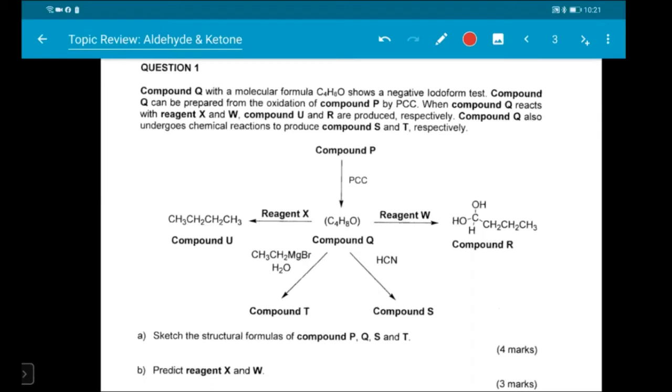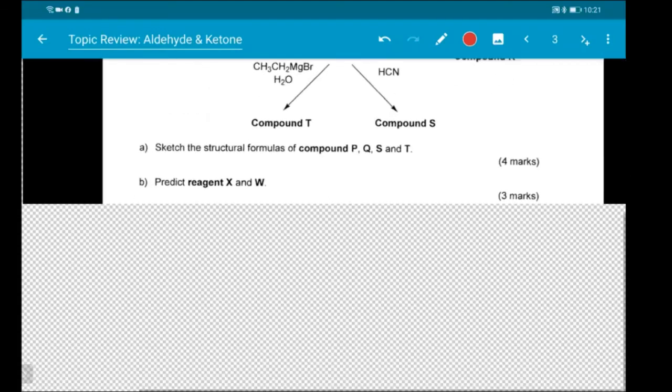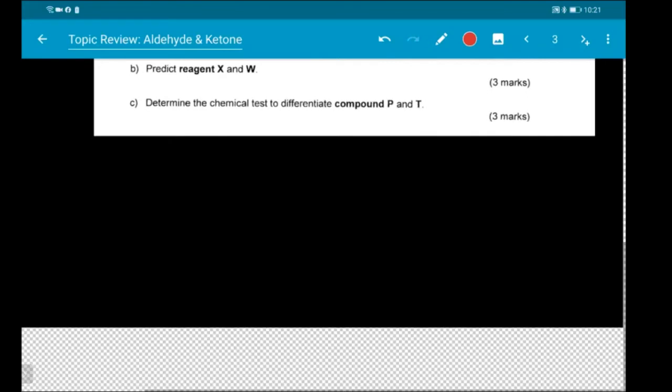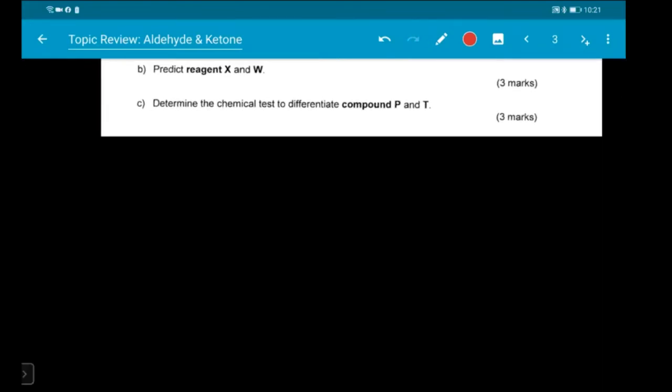Okay. Apa maksud negative iodoform test? Dia ada metal group. Okay, so basically, if we just draw the structure, the formula we know that is C4H8O. Alright, kita tahu bila sebut iodoform, kita tahu confirm daripada aldehyde dengan ketone. So, apa structure yang boleh kita come up with? Kita abaikan dulu yang iodoform tu. Okay, dia akan jadi macam ni.